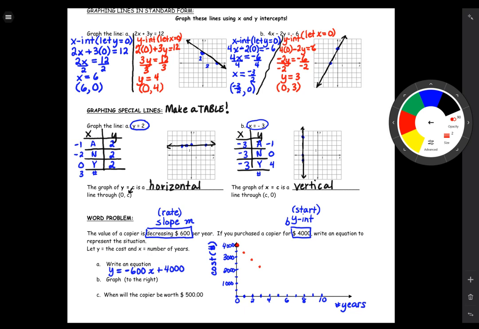Okay, and then the year after, it'd be 1,600. There's 1,500, just a little over. Okay, 1,600 minus 600 is 1,000. And then 1,000 minus 600 is 400.